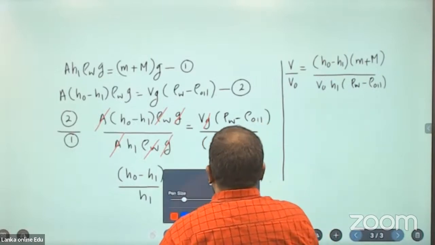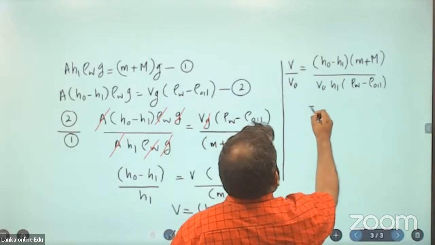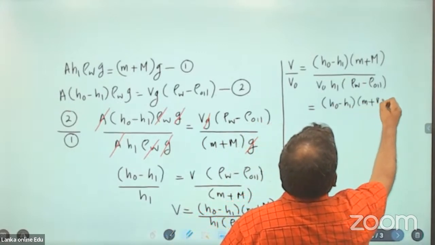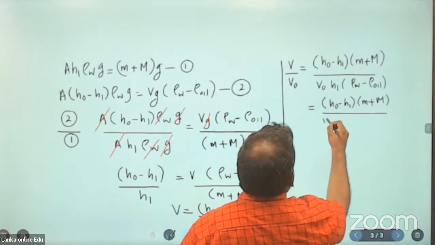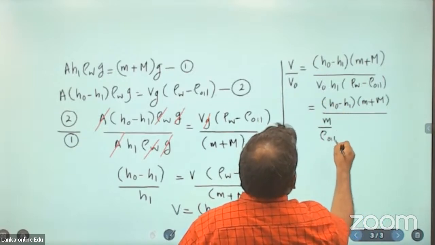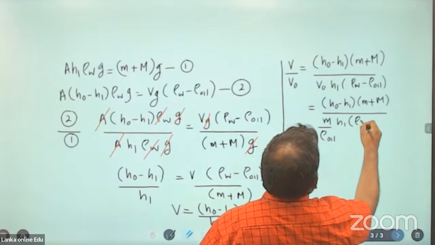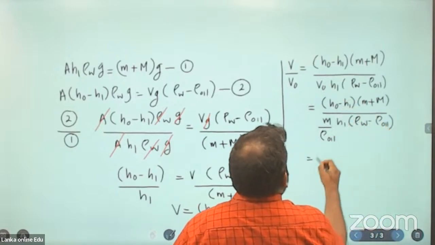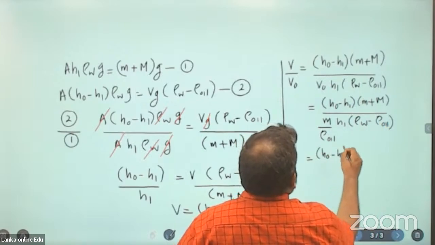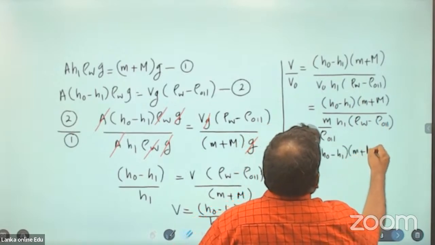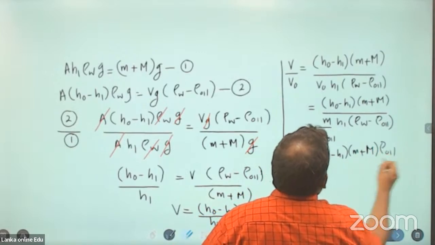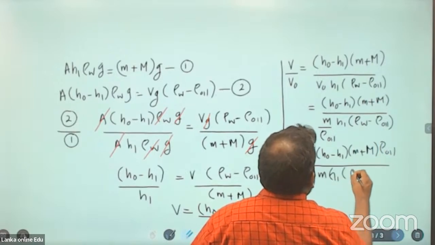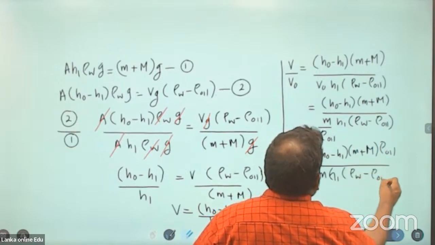What is V naught now? H0 minus H1 simple M plus capital M, divided by V naught, which is M over density of oil, times H1 rho W minus rho oil. Rho oil goes on top. So H0 minus H1 simple M plus capital M times density of oil, divided by simple M H1 rho W minus rho oil.